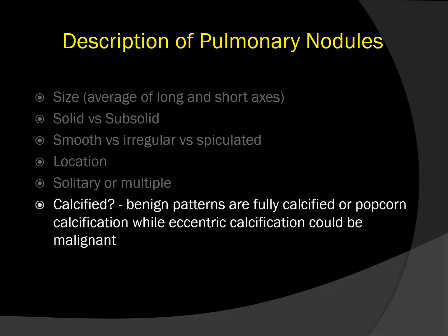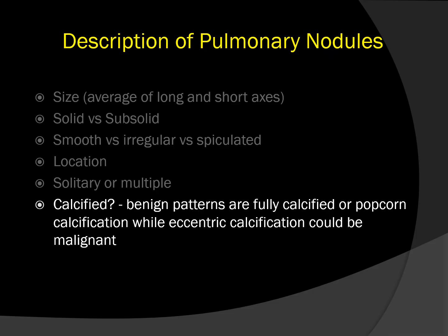Now, we see some benign patterns which we are very certain of. For example, a fully calcified nodule, or one that I'll be showing you a little bit later that shows popcorn calcification, is always considered benign. But calcification itself is not proof of benignity. For example, a solid nodule with a little bit of calcification on the edge, just on the very edge, which we call eccentric calcification, could be malignant.